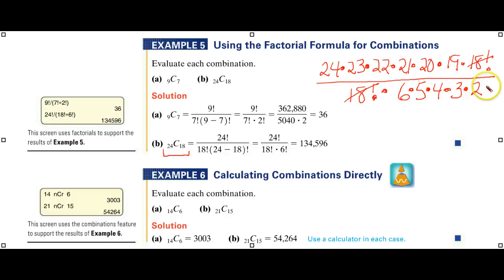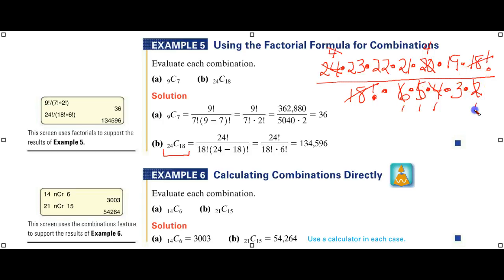I left the 1 out because that doesn't mean anything. But I can go, 6 goes into there once, 6 goes into there 4 times, 4 goes into there once, and that eliminates the 24. Now 5 will go into there once, 5 will go into 20 4 times.